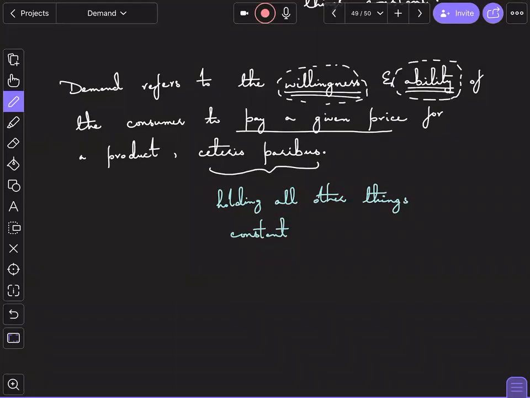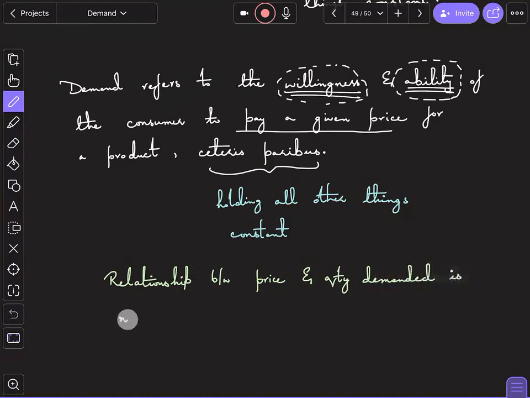And the relationship that exists between price and quantity demanded is negative or inverse. What does that mean?